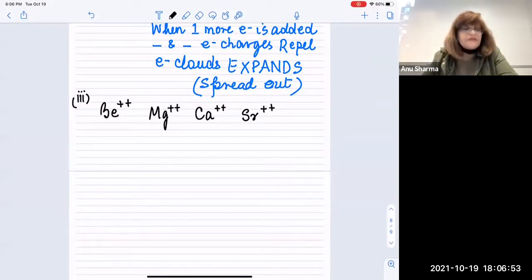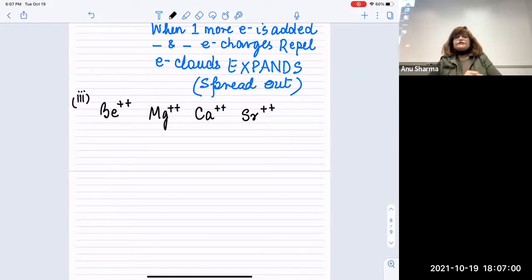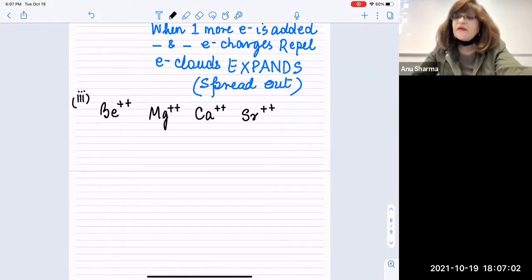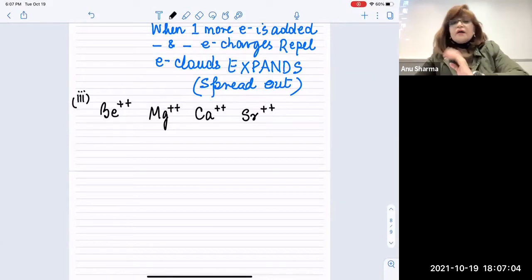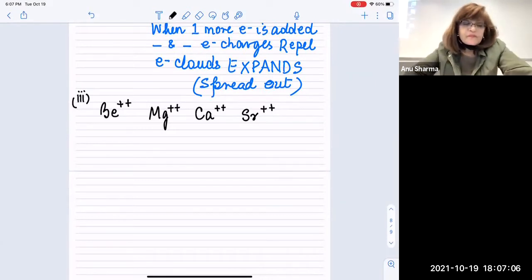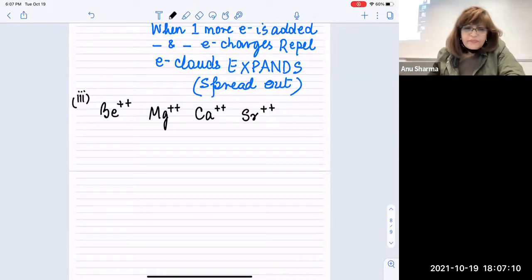So which one is smaller and which one is bigger? Beryllium is smallest and strontium the largest.